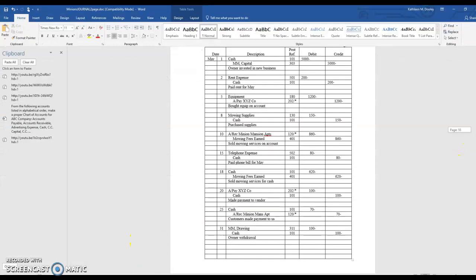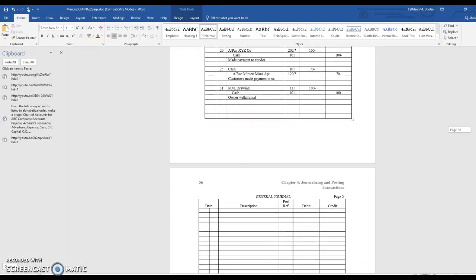So here's our journal, and I can't fit that all on there, so I'm going to go down to the next page. We have part of a transaction on one page and part on another page. Okay, May 31st.